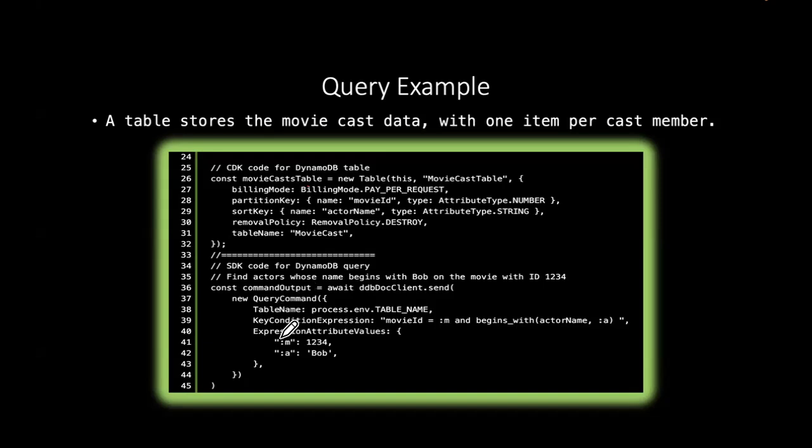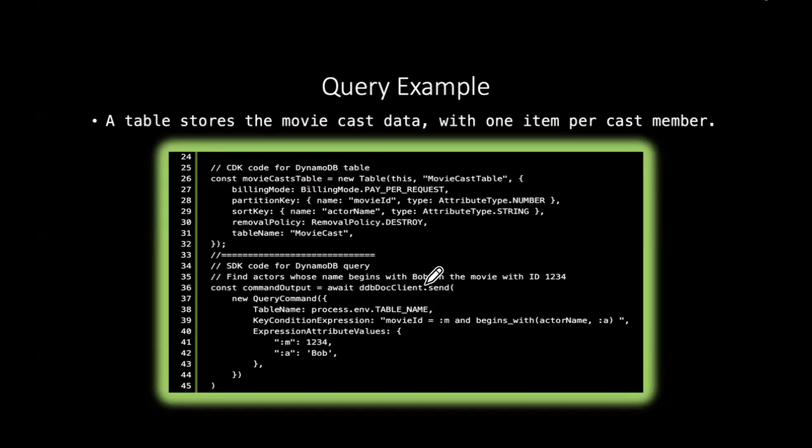And the configuration of this query command, again, you've got to tell it what table you are querying from, and what are the conditions associated with the composite primary key. So this is the expression that relates to the composite primary key. This part here is the partition key. So I'm saying movie ID, which is our partition key, as we said up here.